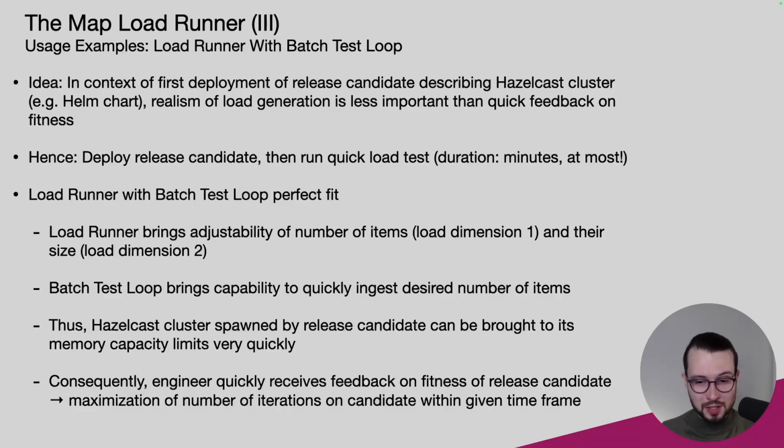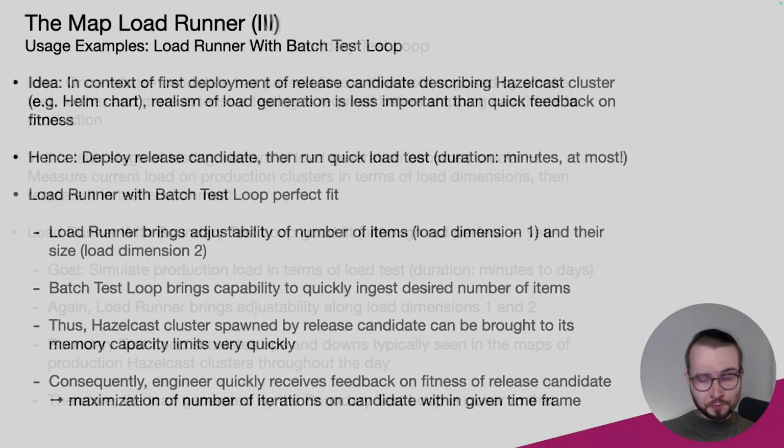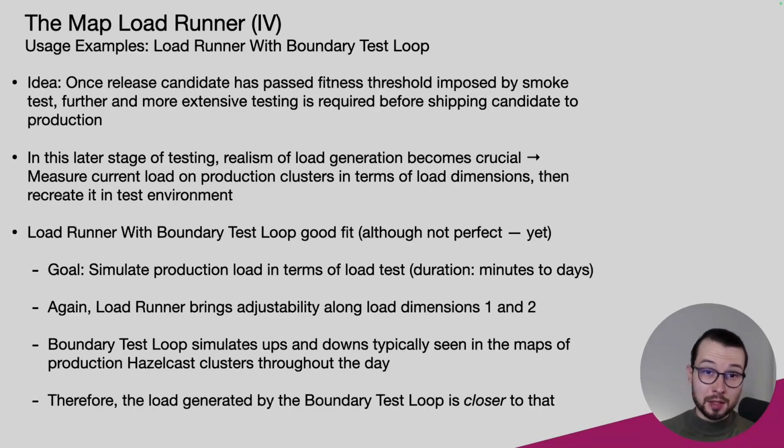So for ingesting stuff quickly into your Hazeltest cluster, the batch test loop in combination with the load runner, or vice versa, actually, the load runner in combination with the batch test loop, is a really, really good solution. The second example I'd like to make is about the map test loop, because that was obvious, wasn't it?